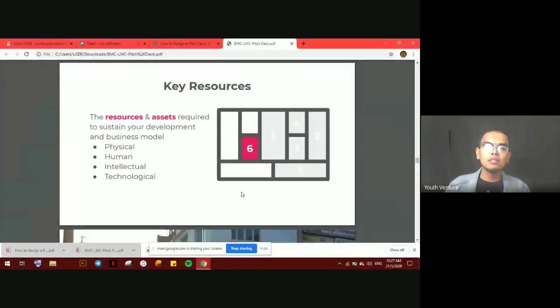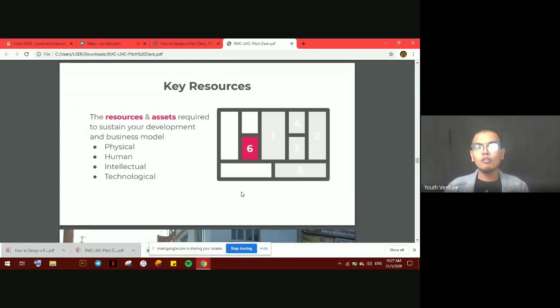It can be something physical, for example, tools or raw materials. It can be human, meaning that it can be know-how or knowledge or know-who. For example, if you are building a nasi lemak company, your key resources should be the makcik who are cooking the nasi lemak.